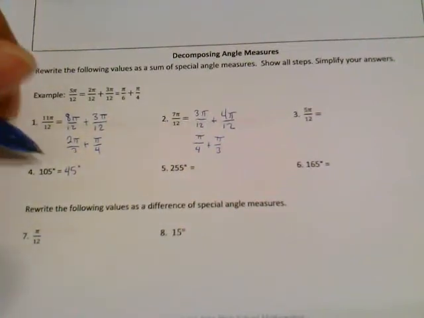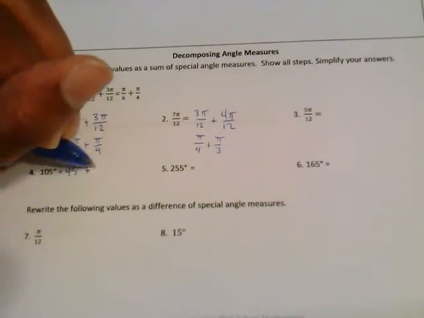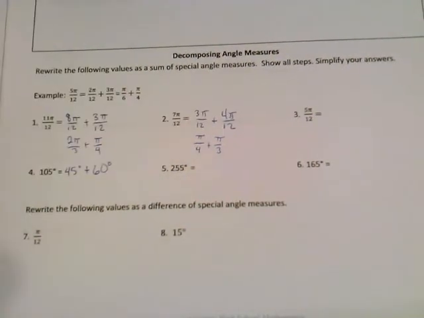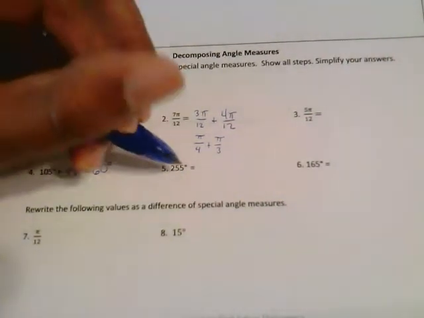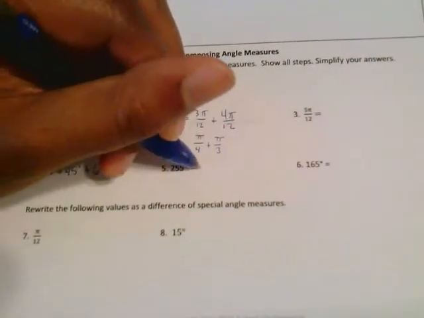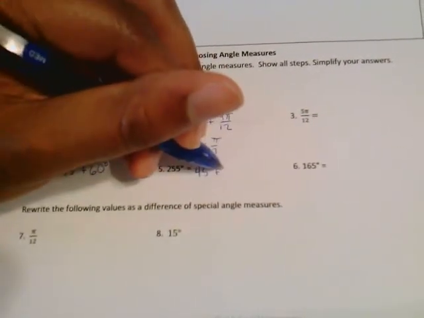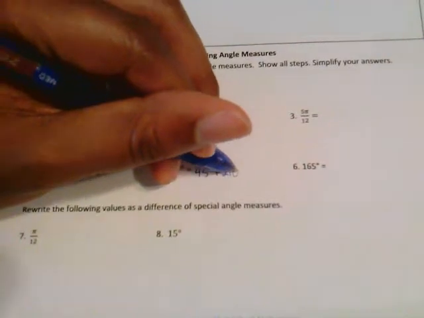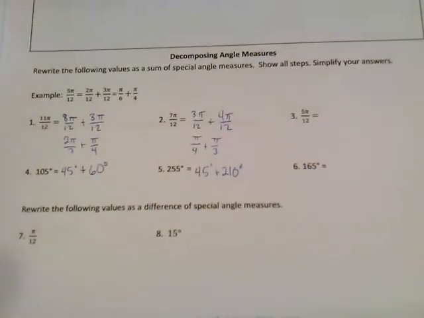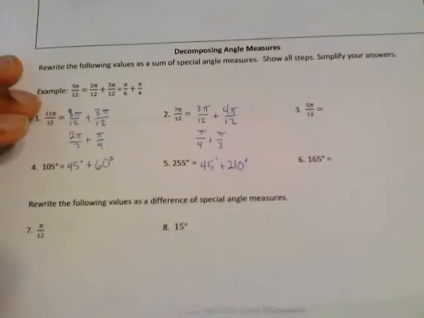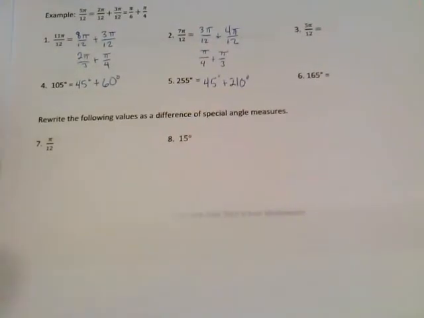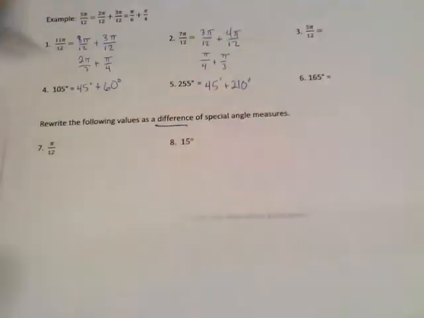So 105 could be 45 degrees, and then we're left with 60 degrees on the other side, and then we're done changing it into a sum of angle measures. With 255, again, if we break off 45 degrees, we'll be able to break up the other piece into 210 degrees.